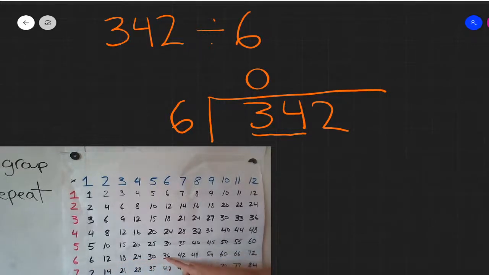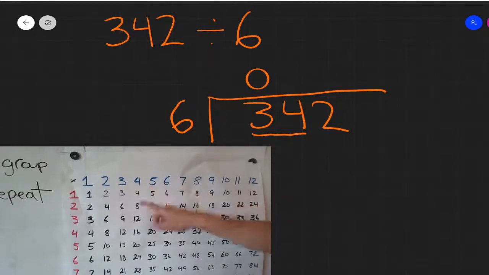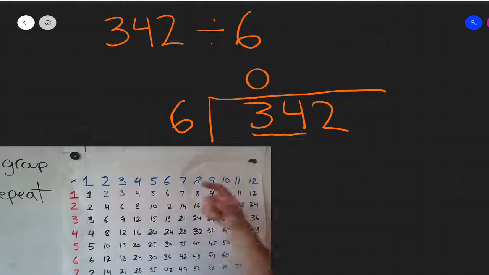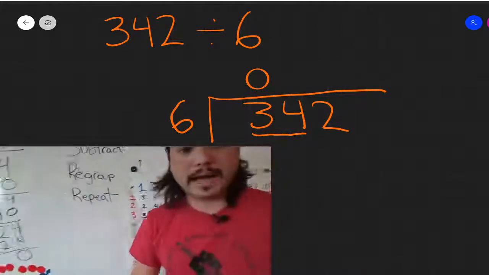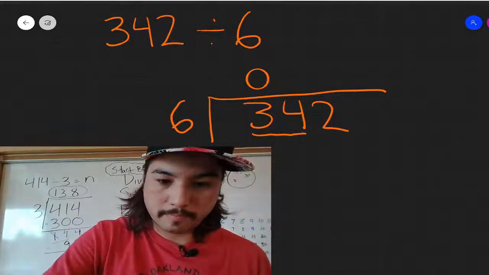Aha, 36 is too many, so let's go back. So 30 tens with 5 tens in each group. So essentially 6 times 5 is 30, or 30 divided by 6 is 5. So I'm going to put a 5 above the tens place up there.